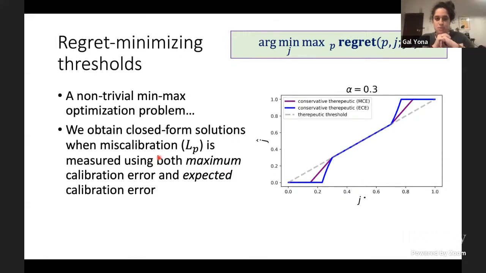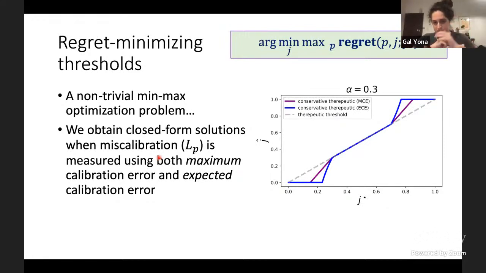What we do in this work, and these are details that I won't go into, is we obtain closed form expressions for exactly how this threshold looks when miscalibration is measured using different popular notions. Specifically, we look at the maximum calibration error and the expected calibration error.